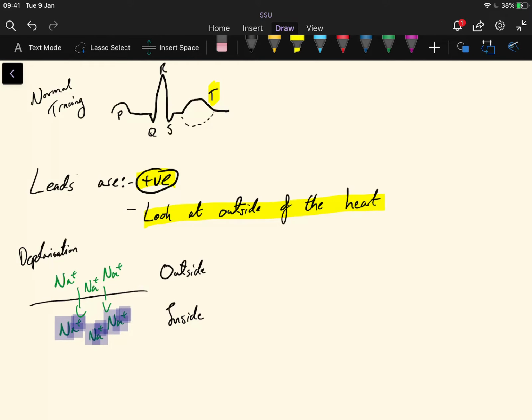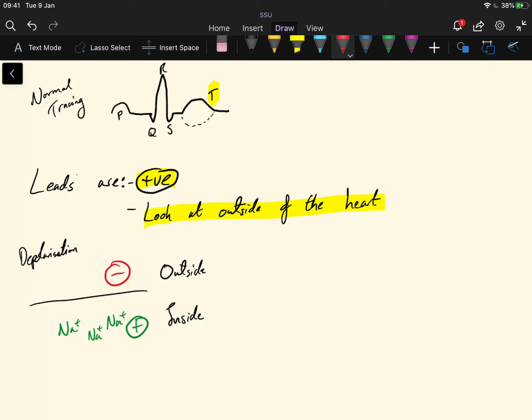There you go, look at that animation. They move like that. And as a result, we have the inside of the cell becoming positive. However, because the outside has lost positive charge, because the ions have moved from outside to in, it becomes negatively charged.